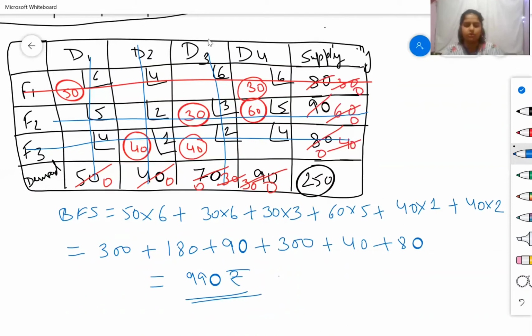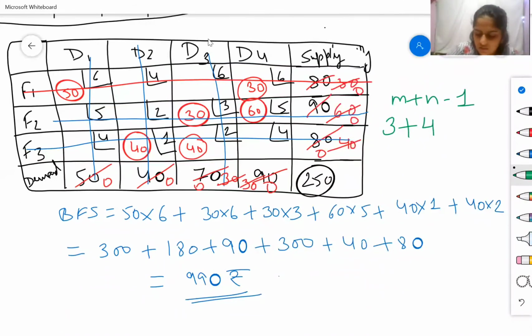Now we also have to check whether it is non-degenerate or not. How will we do that? The formula for checking non-degeneracy is m plus n minus 1. M is what? The factories. How many factories are there? We have 3 total factories. So M is 3 plus N, how many destinations are there? We have totally 4 destinations.